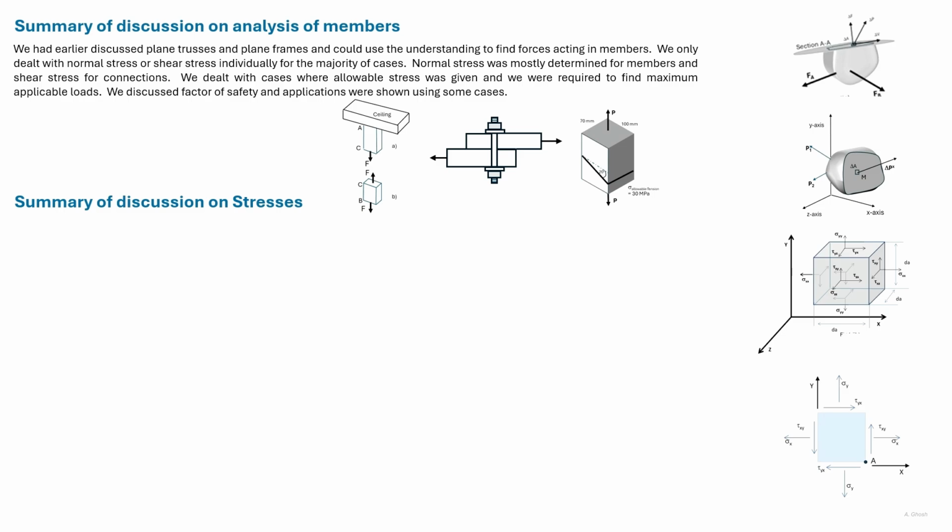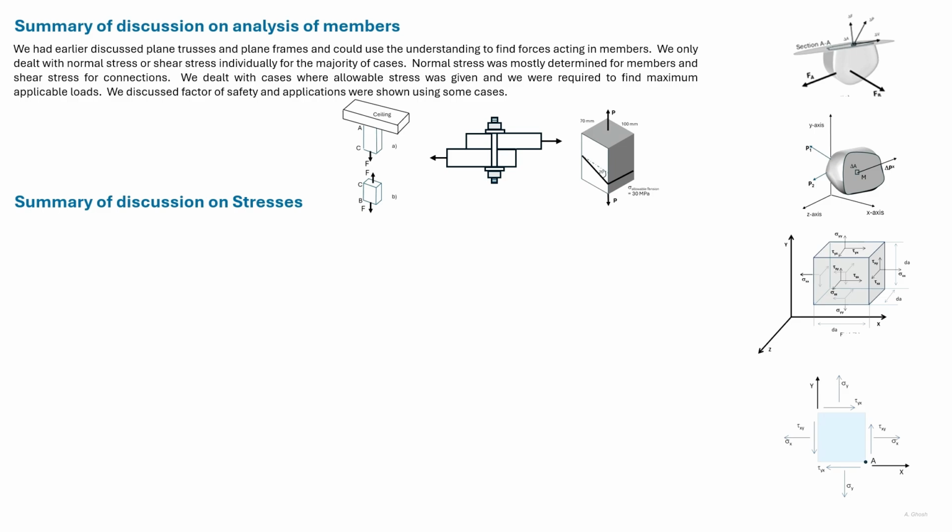When it comes to normal stresses, perpendicular sections in axially loaded members have the highest normal stresses. So the allowable normal stresses can be directly used to find the maximum loads that can be applied.